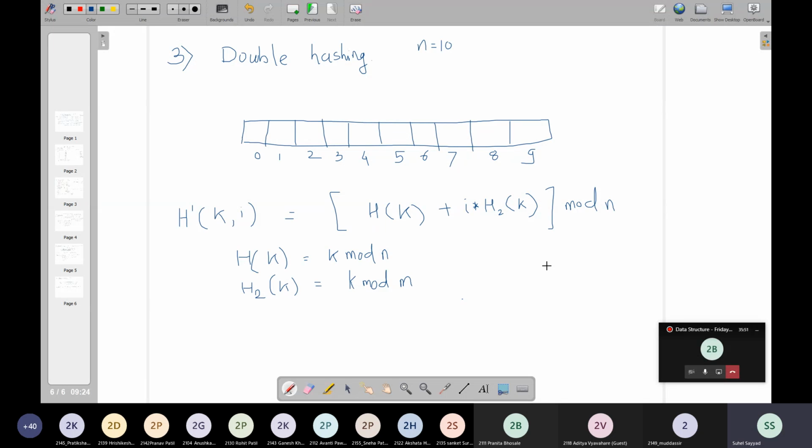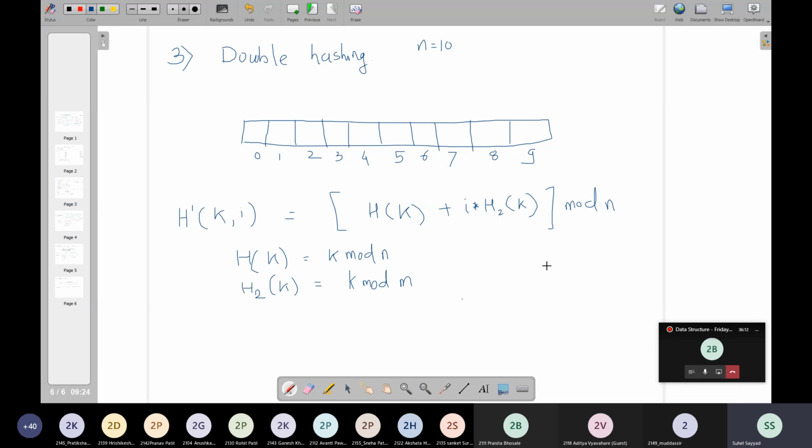The key value that you pass to that hash function is k, for which you are solving the original double hashing function. So h2 of k only we are calculating, but it is a different hash function.